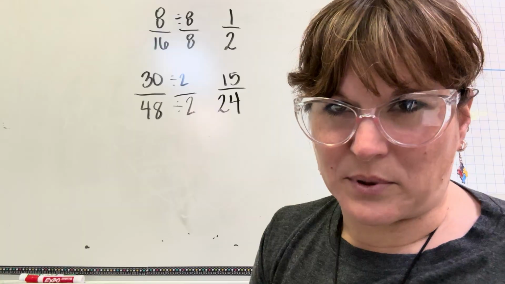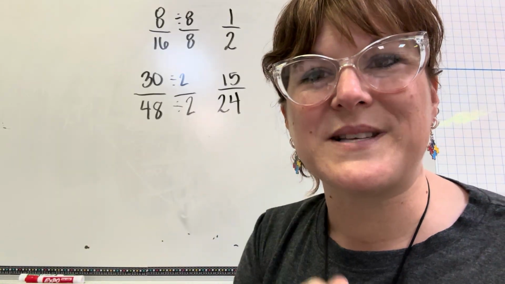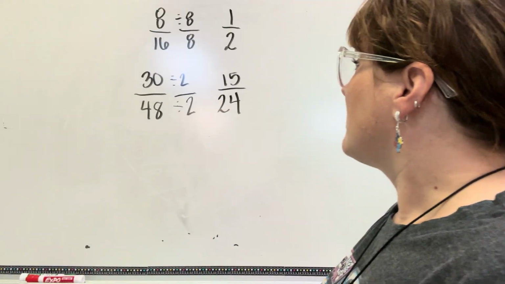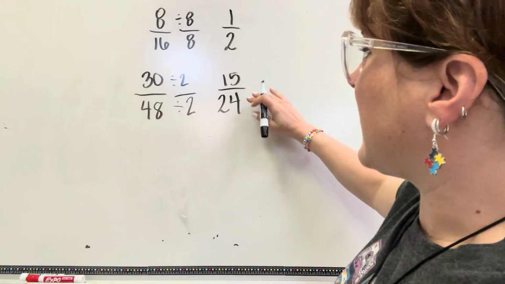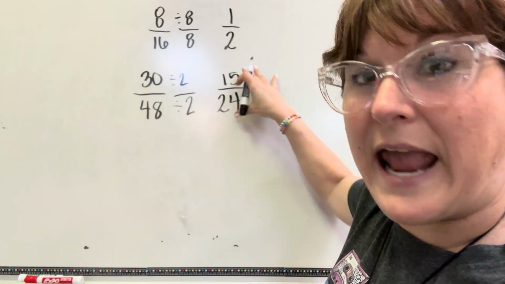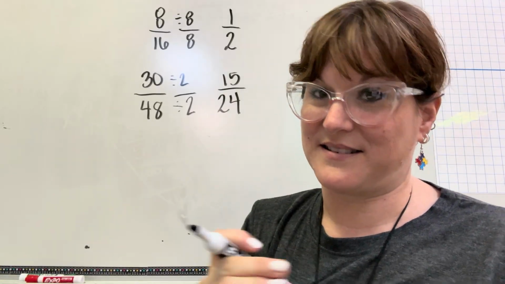Is that the simplest? I did reduce it, but can I reduce it more? I can reduce it more. What goes into 15 and 24? So while this is the reduced form, it is not the simplest.